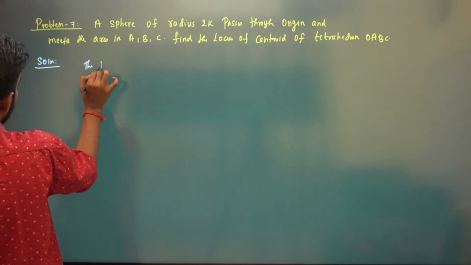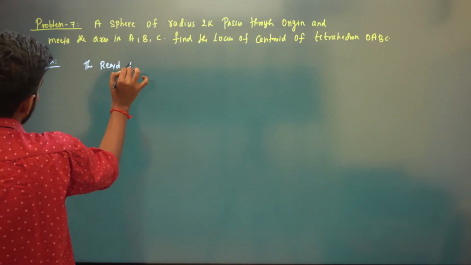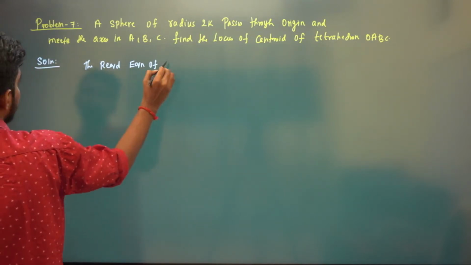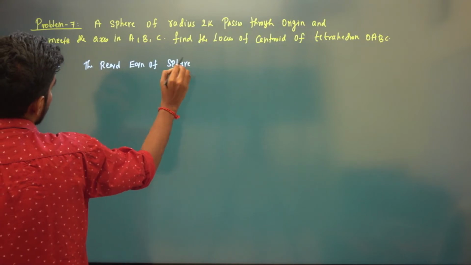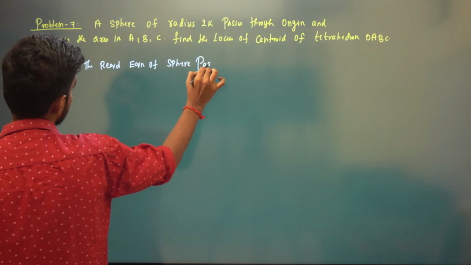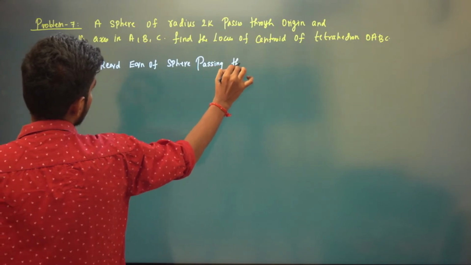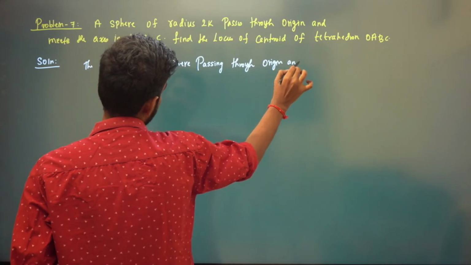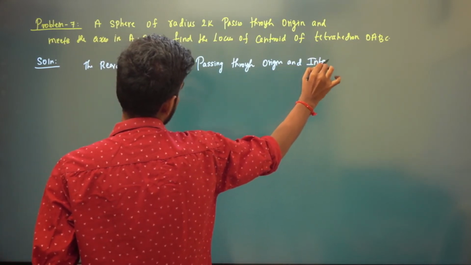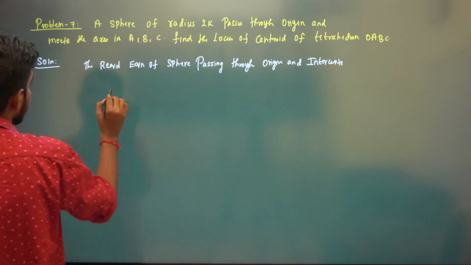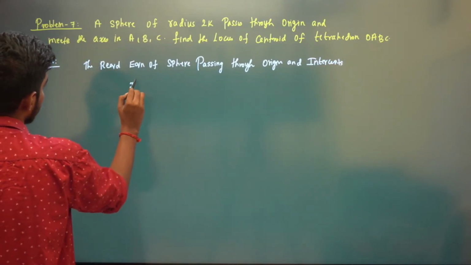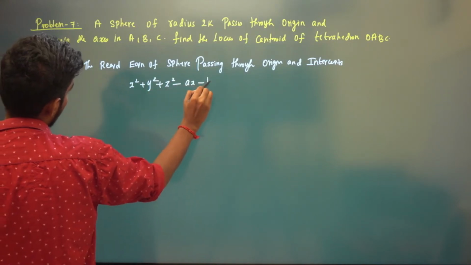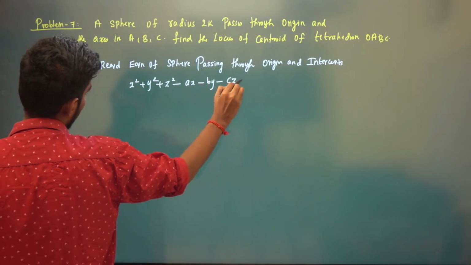The required equation of the sphere passing through origin with these intercepts is x square plus y square plus z square minus ax minus by minus cz equal to 0.